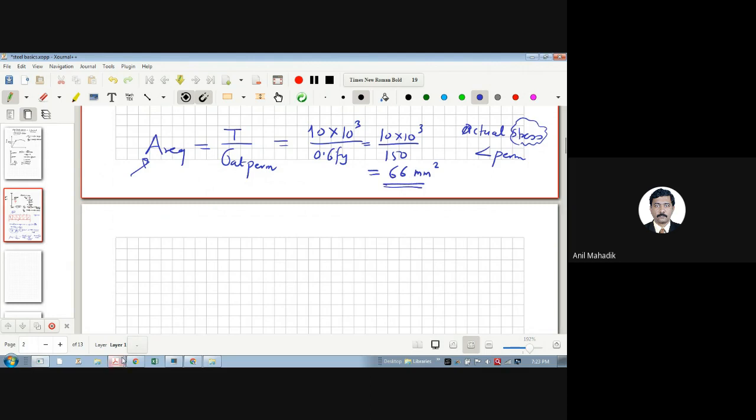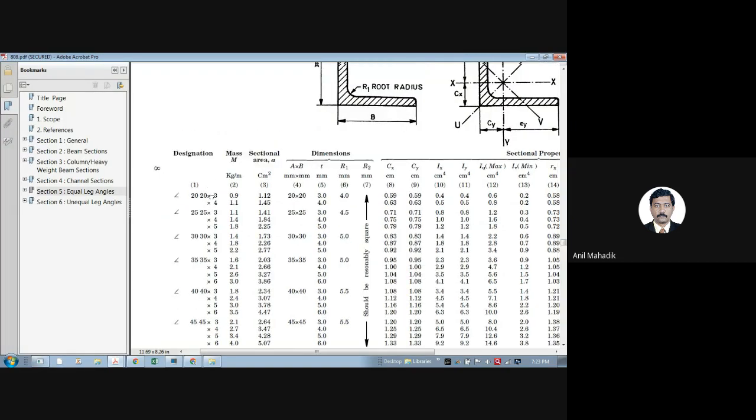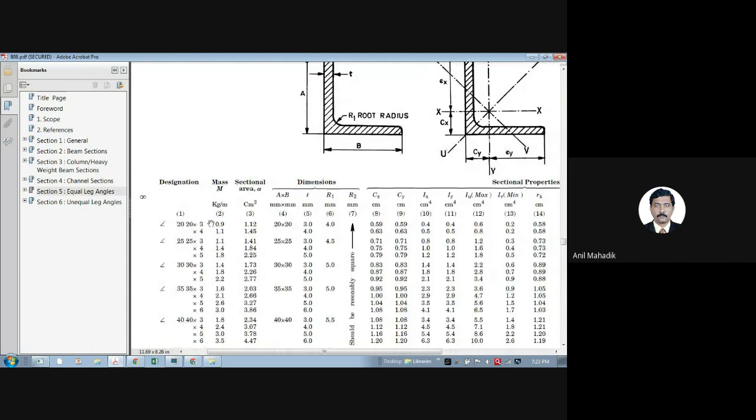Now you can go into the table. These are the angles, 20 by 20 by 3. We want 66 mm square.